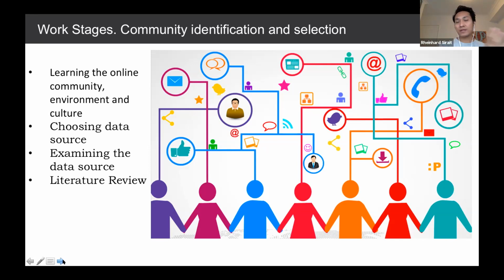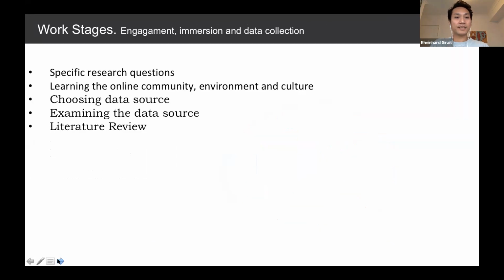So if someone has written something about it, maybe you don't do the same thing. You've got to find something new and interesting for the academic work. So those are the stages.